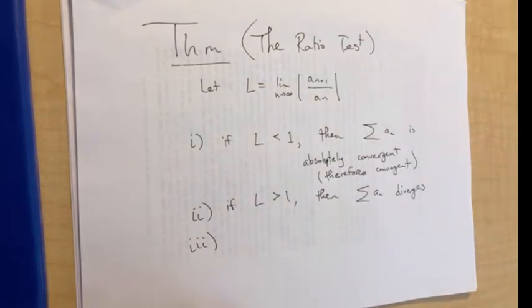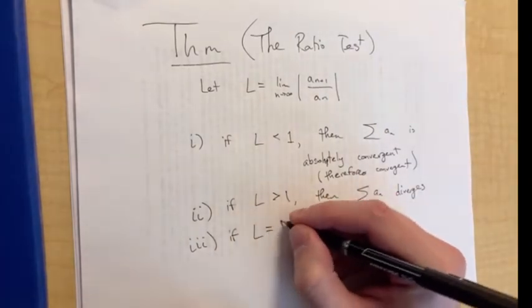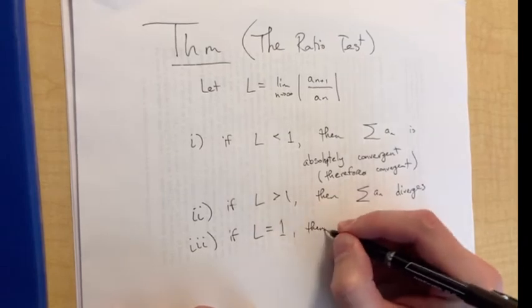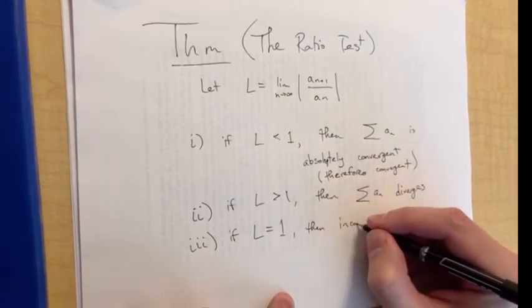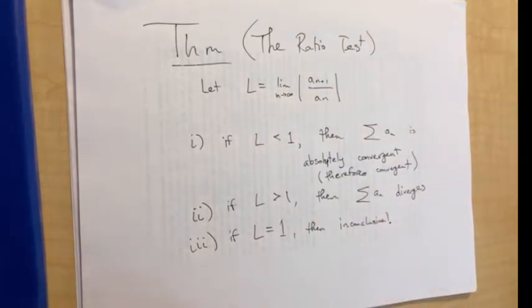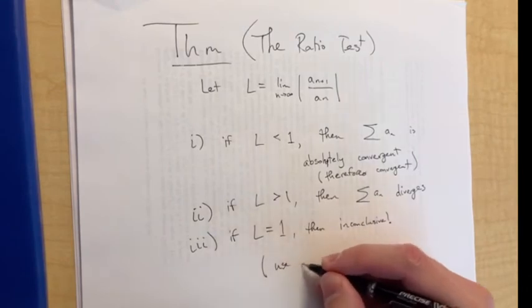If it turns out that the limit equals 1, then the ratio test is inconclusive and you just have to do something else. So this is not really another case, but it just says if L equals 1, then inconclusive. The ratio test cannot be used in this case. I will just say in parentheses, use another method.